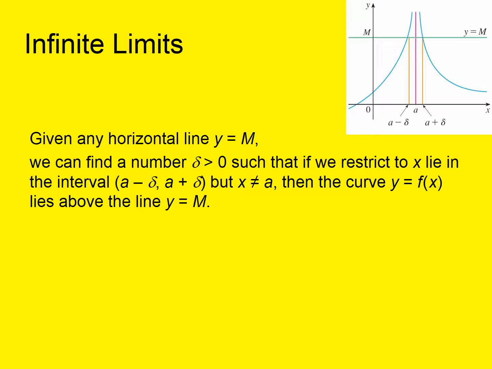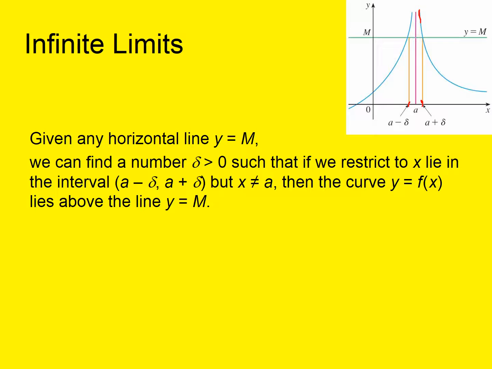Given any horizontal line y equals m, we can find a number delta such that if we restrict x to lie in the interval a minus delta, a plus delta, right? Delta we usually think of as a tiny, tiny number. So there's this little tiny interval about a, and if we can get x in there, then the function blows up and is way up here, with a value greater than m for any m that anyone wants to pick.